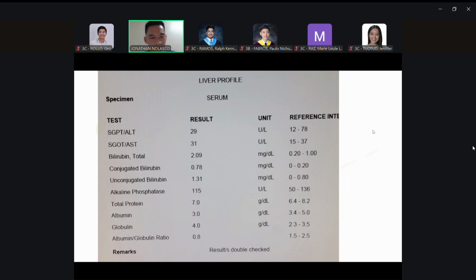ALT, AST, these are hepatocellular enzymes usually seen in inflammation or injury of the liver. Total bilirubin, any jaundice, if you have bilirubin more than 3 milligrams per deciliter, here it's 2, the patient will normally present with jaundice already. Below 3, but above normal, may present with icteric sclerae, not necessarily yellowing of the skin.